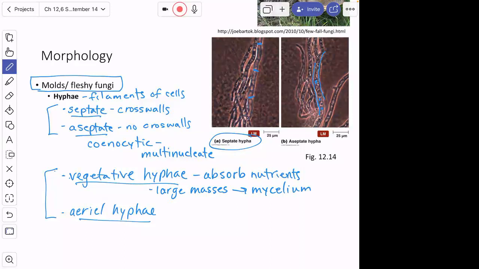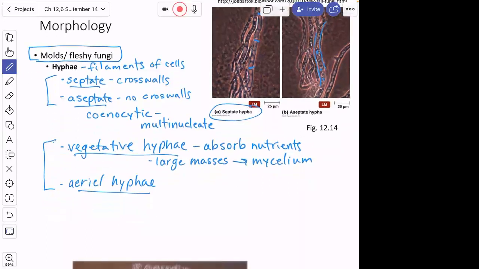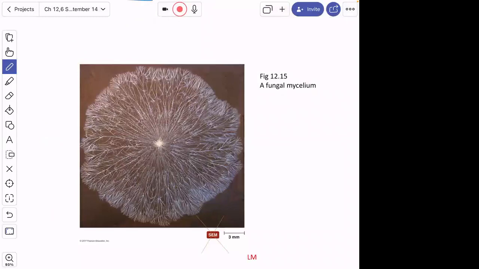Okay, and I'll come back to the slide in a second. Here's an example of a fungal mycelium. It's just a huge mass of hyphae. Oftentimes this could be underground, but if it's some kind of mold, say growing on your lunch meat or whatever, then it's just there.